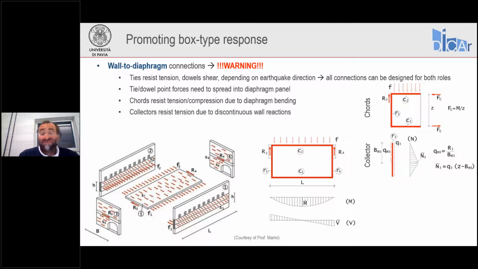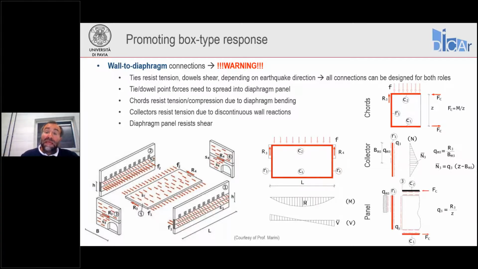Where there are openings, this transfer is basically not effective. So because the diaphragm transfer shear throughout the length of the wall R3, while this is transferred below only over the length of the pier, we have development of tension forces, which must be somehow resisted. And finally, the panel of the diaphragm, the central part of the diaphragm, has to resist shear forces.